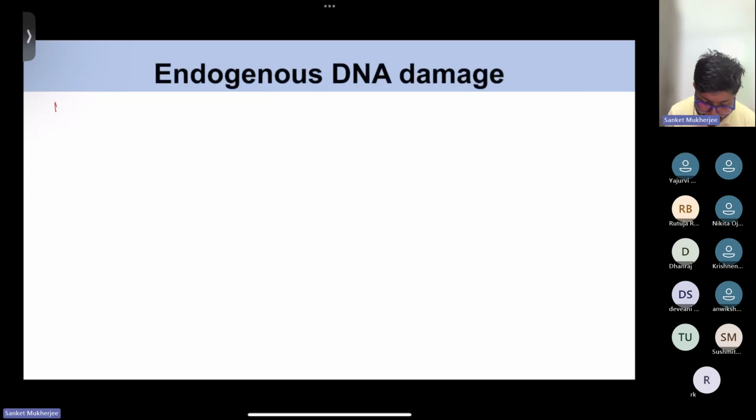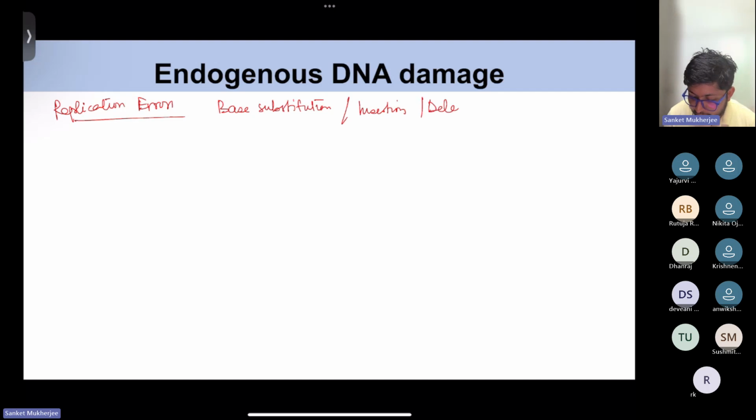Talking about replication errors, this could happen due to base substitution. What could happen is base substitution, or there could be insertion or deletion in the DNA. These are the three fates which could happen due to replication error.